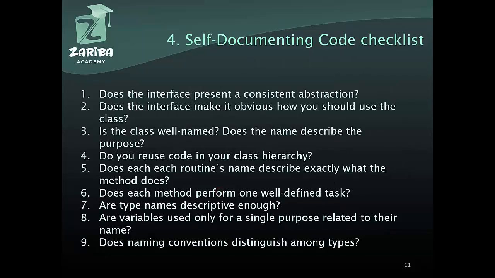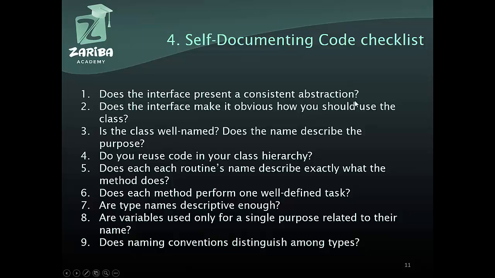Right. Okay. This is a checklist, meaning is your code good enough? You should always ask yourself these questions to make sure that you have well documented code. Does the interface present a consistent abstraction?